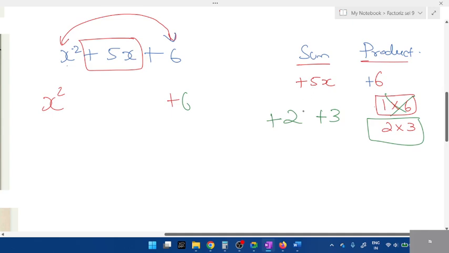Right. If you multiply both, plus into plus is plus, 3 twos are 6. Are we getting plus 6? So this is the concept of sum and product. The middle term you have to split into two parts. When you add or subtract, you should get 5x. When you multiply them, you should get this product 6.